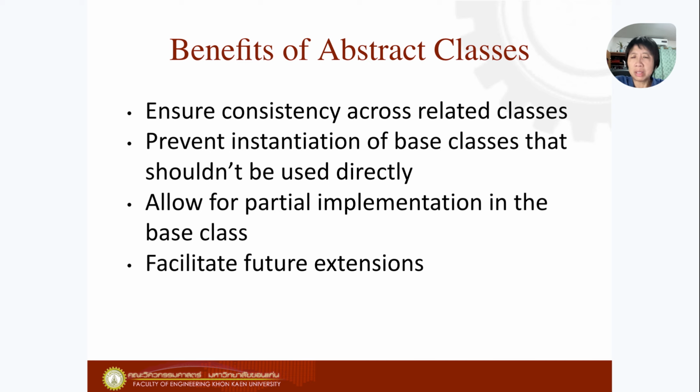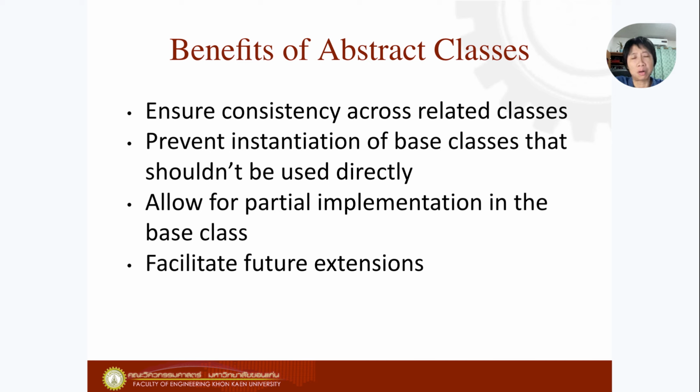But why do we want to have an abstract class? Like for shape, every kind of shape will have color, right? So color should be the attribute that is inherited by other subclasses. Or every shape should be able to draw, right?